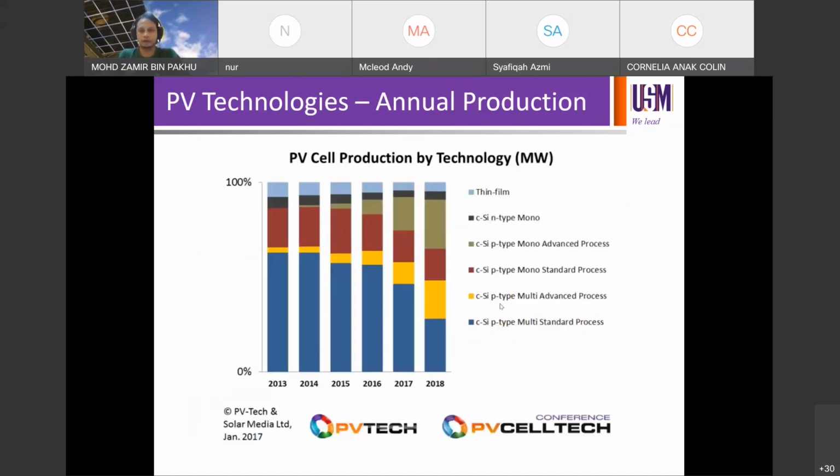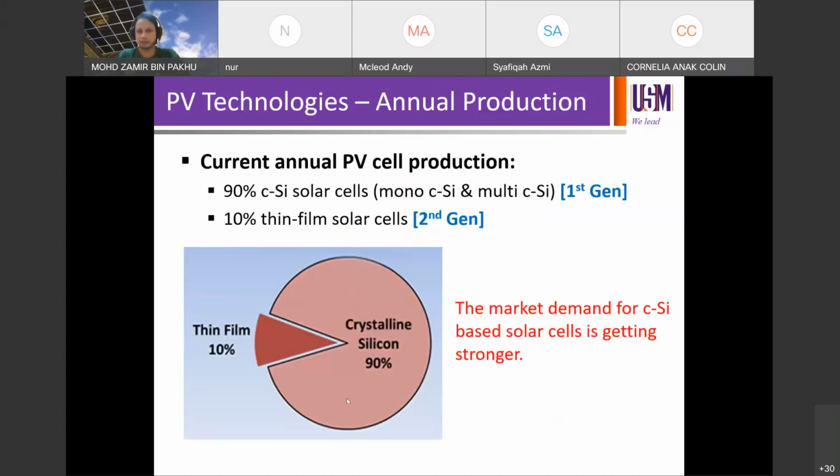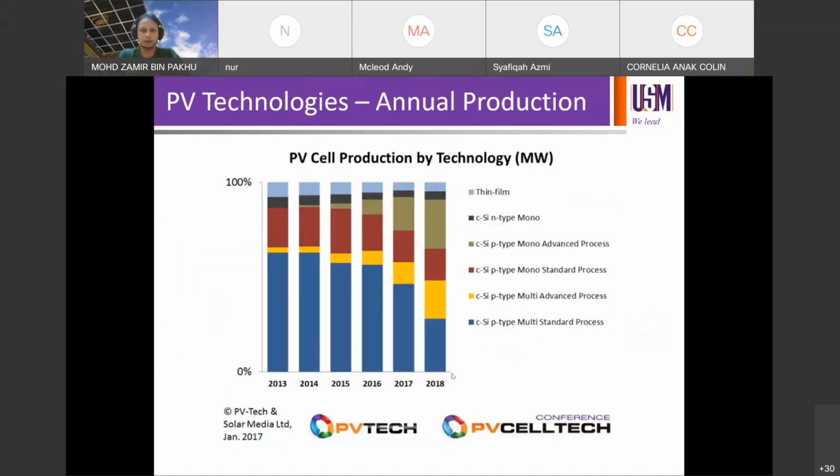So if you want to break down this 90% contribution, you can see this 2018 data. In 2018, the one on the far right here, from here to up here, it's all silicon-based technologies.